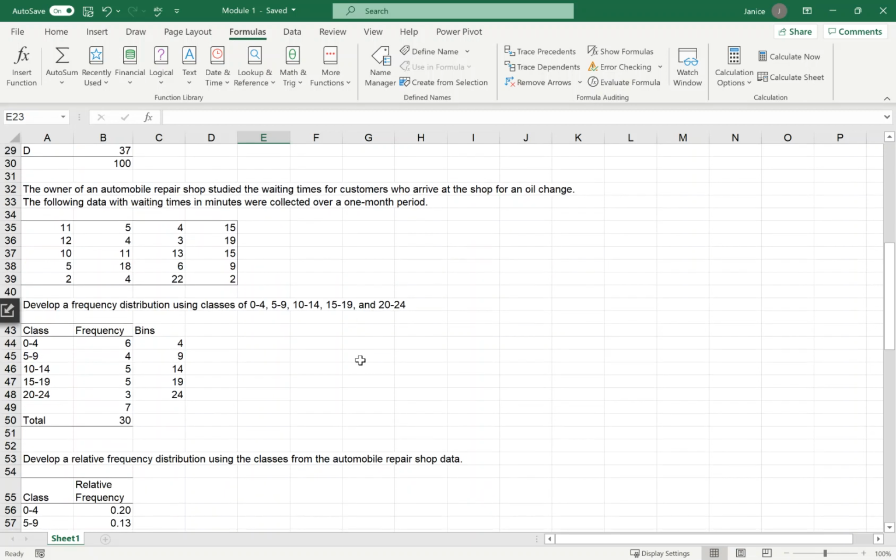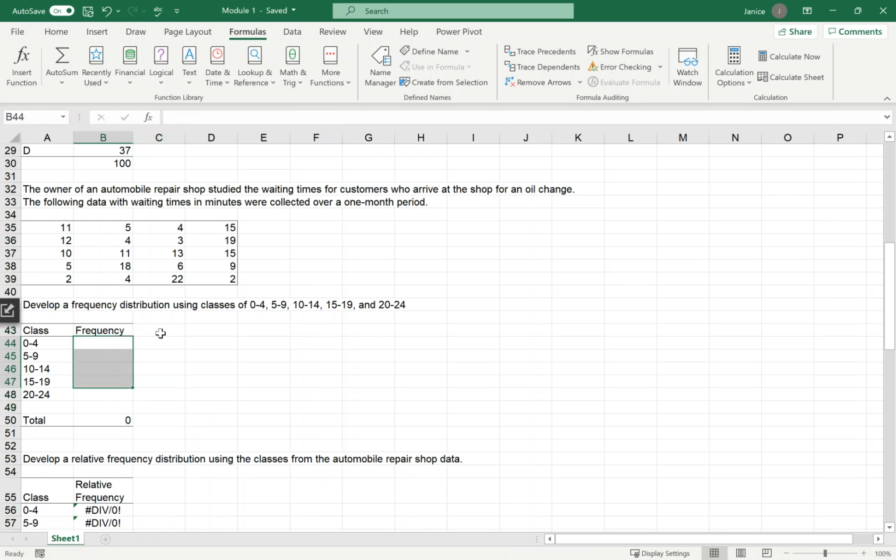Now, it says develop a frequency distribution using these classes. In your book, you read about doing COUNTIF, where you would say, okay, here's how many 0, here's how many 1, here's how many 2, here's how many 3, here's how many 4. But in this case, they want us to group them together.